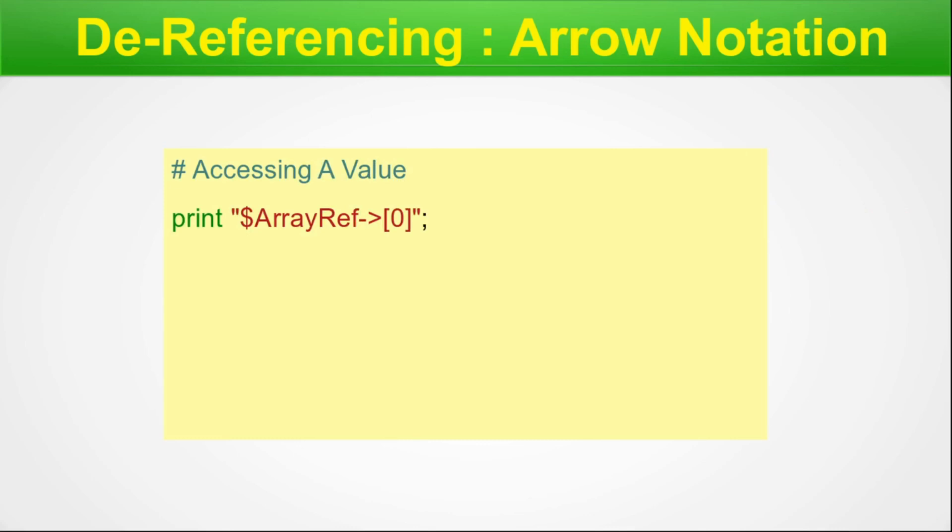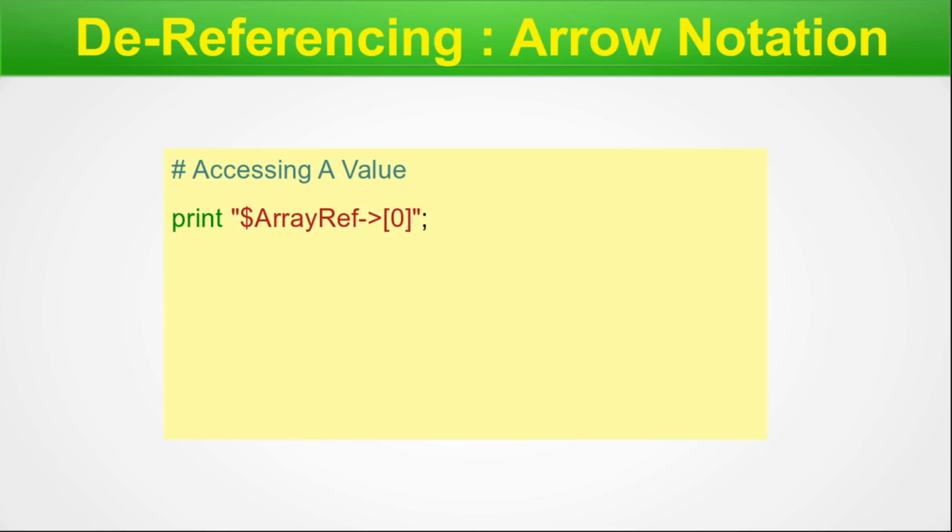Dereferencing by arrow notation. We have some more things to see in the dereferencing part. Here, accessing a value. We can use $array_ref, then arrow, then [0]. This means that we have an array reference and we want to access its 0th index element.